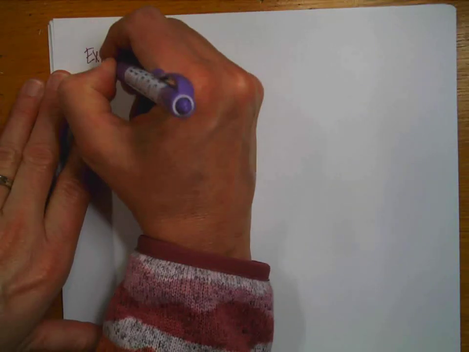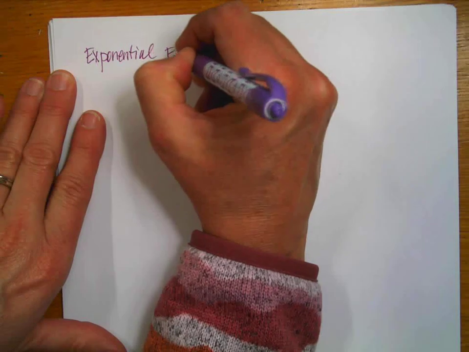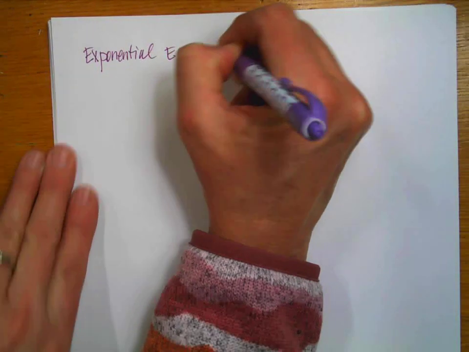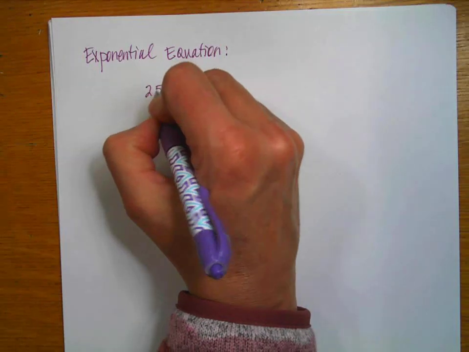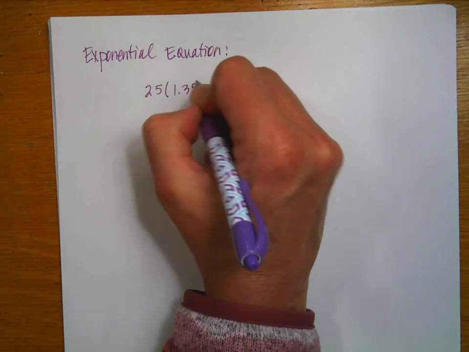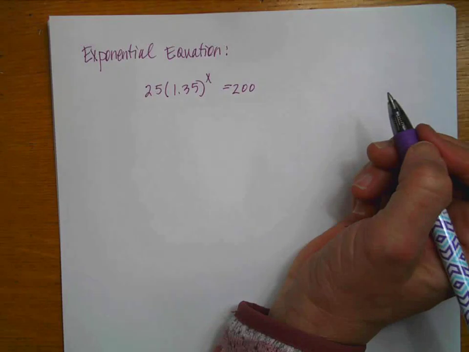Okay? So the next thing that I want to talk about is what's called an exponential equation. So maybe I have that previous equation that we did, 25 times 1.35 raised to the x is equal to 200.